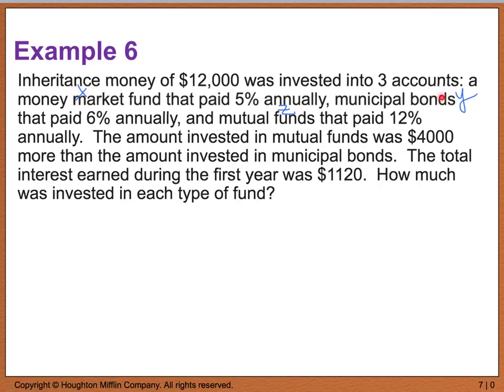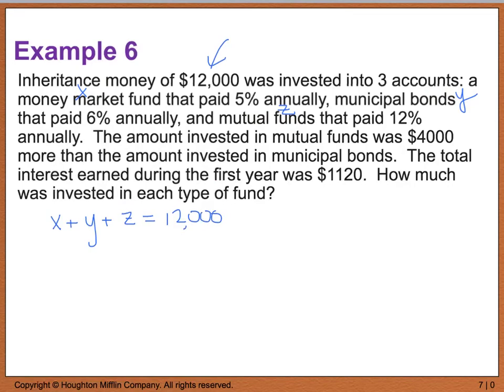Nine times out of 10, you are going to have an equation for your total amount of money invested, and that's going to be the amount invested at X, plus the amount invested at Y, plus the amount invested at Z, and that should give you your total of $12,000.